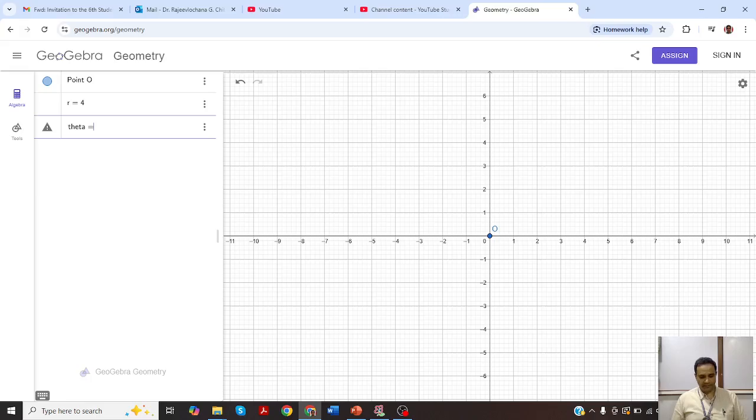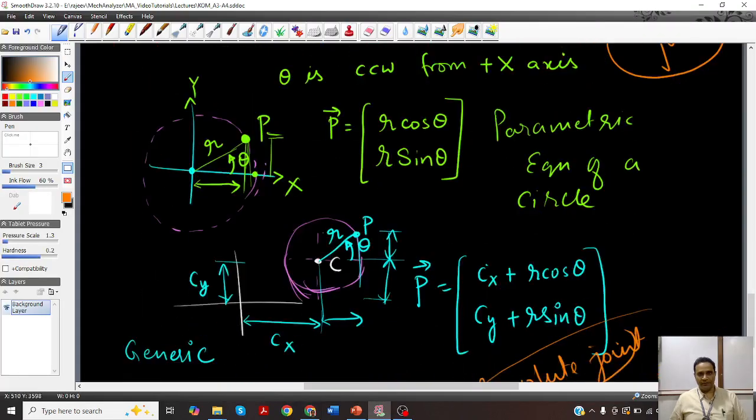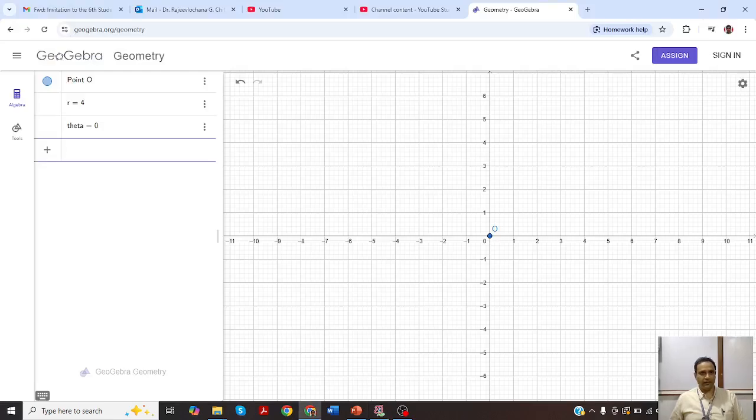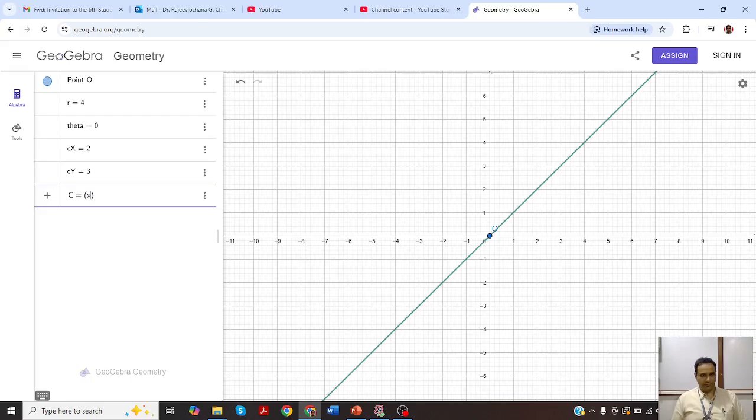We'll also have theta, let's say 0. Okay, I'm going to give a generic case. The generic case is what we did here, cx, cy. So we'll have cx is equal to 2, cy is equal to 3, then capital C is equal to (cx, cy).